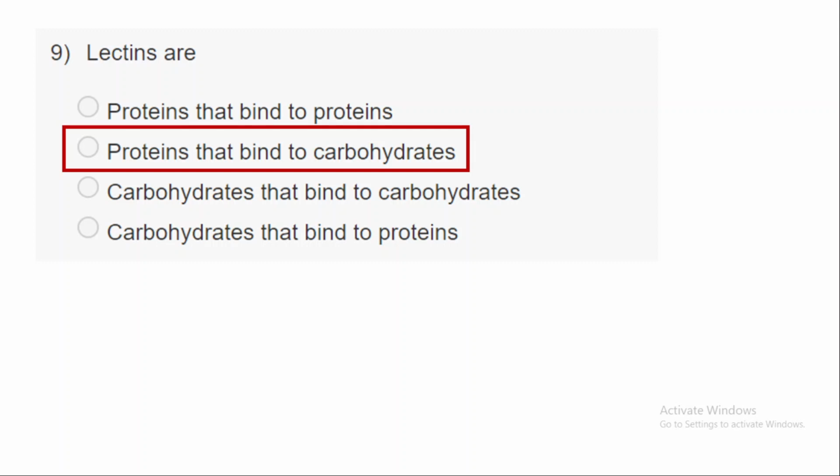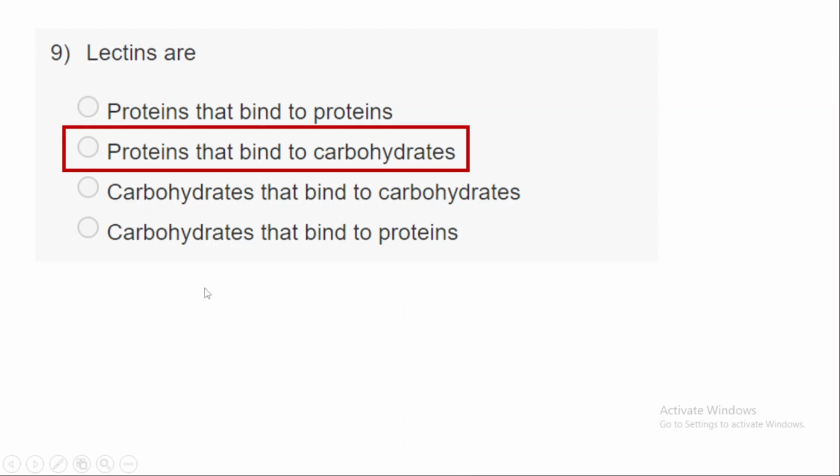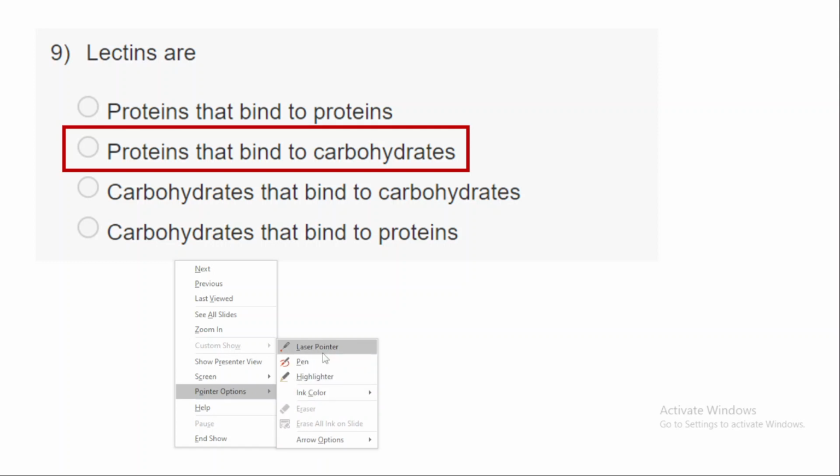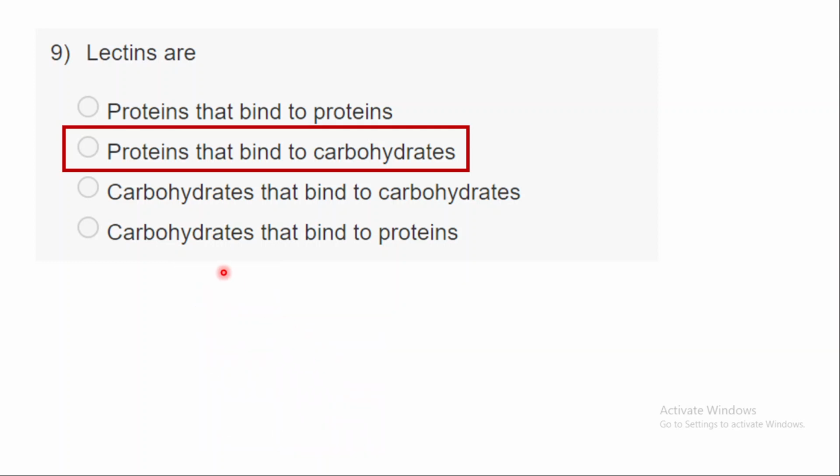The confusing part is protein and carbohydrate interaction. Protein and carbohydrate interaction is happening in lectin, but lectin is a protein. Lectin is not a carbohydrate. So here in option 4, if we go by the terminology, lectins are carbohydrates that bind to proteins, which is not true.